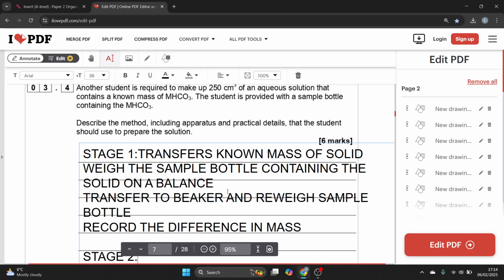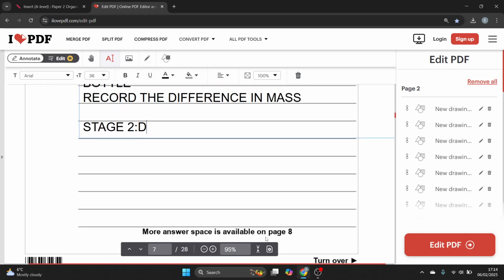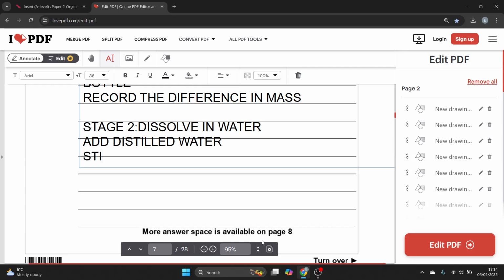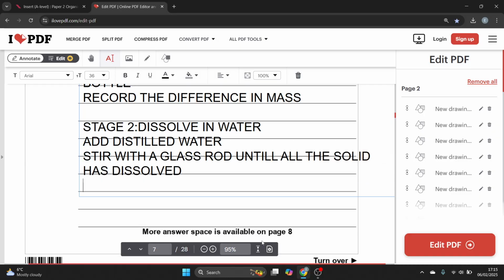Stage 2, scroll down so you guys can see it. Dissolve in water. Add distilled or deionized water. We'll just say distilled water. Stir with a glass rod until all the solid has dissolved.